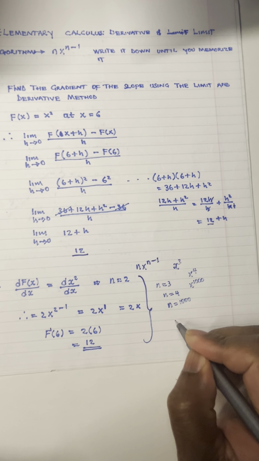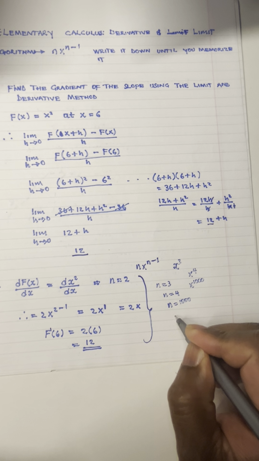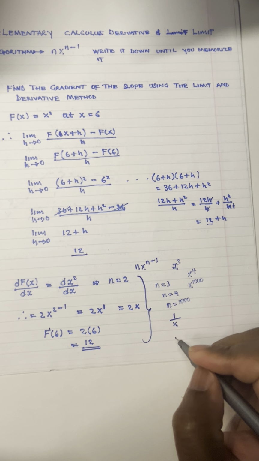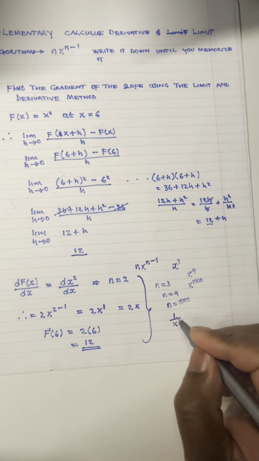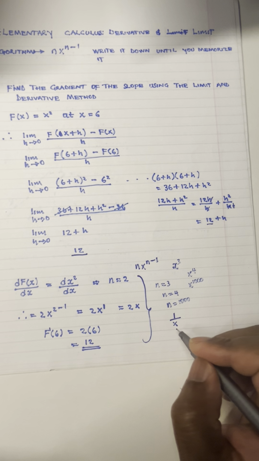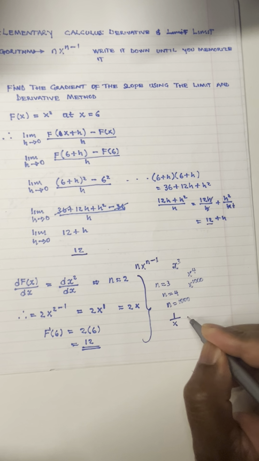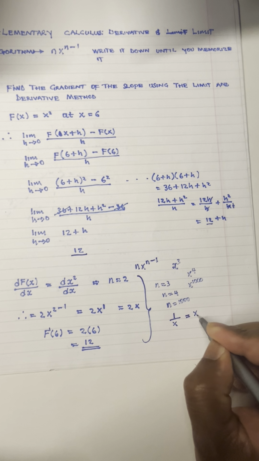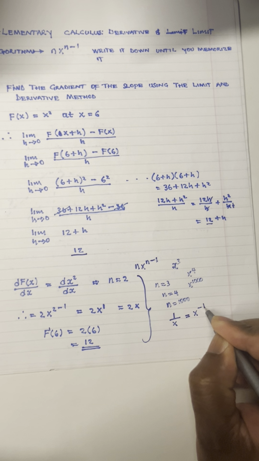There is another one that says 1 over x. I dealt with this at the time I was teaching exponents and radicals, but I know that you might have forgotten. So 1 over x equals x to the power negative 1.